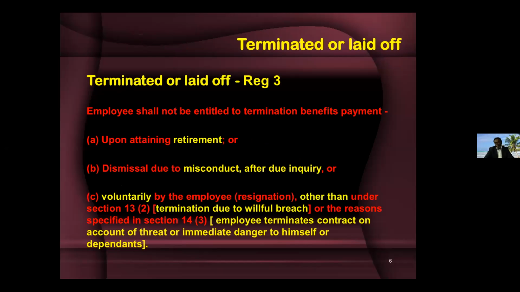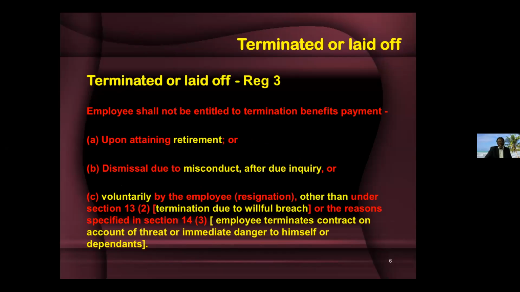Okay, when we look at a termination or layoff under Regulation 3, this specific provision lays down the conditions whereby termination benefits are not payable to an employee, rather than when the employer is supposed to pay. So it's reciprocal, it's the other way around.